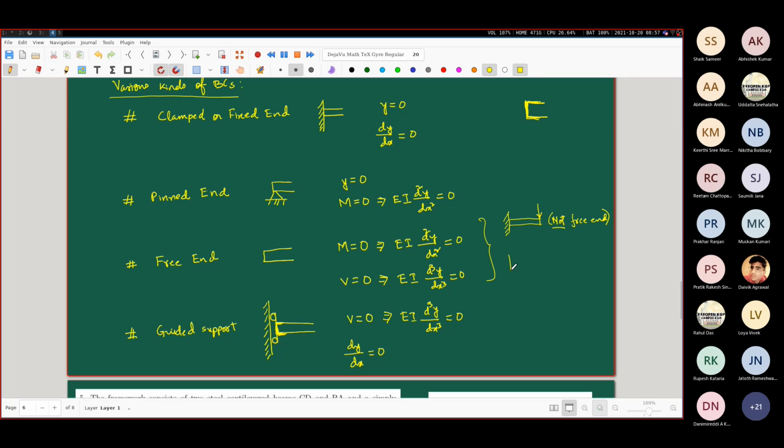Similarly, you can have another situation where you have another cantilever beam, but instead of a tip load like this, a point load, you have an external bending moment being applied like this. So this is some P and this is some M naught. This also is not a free end.